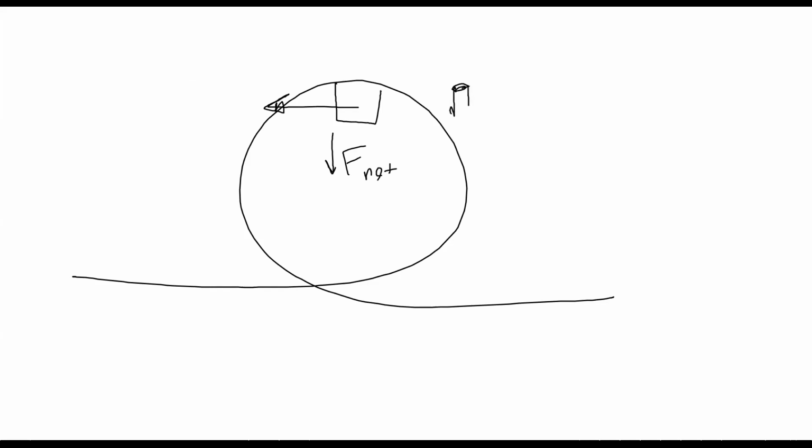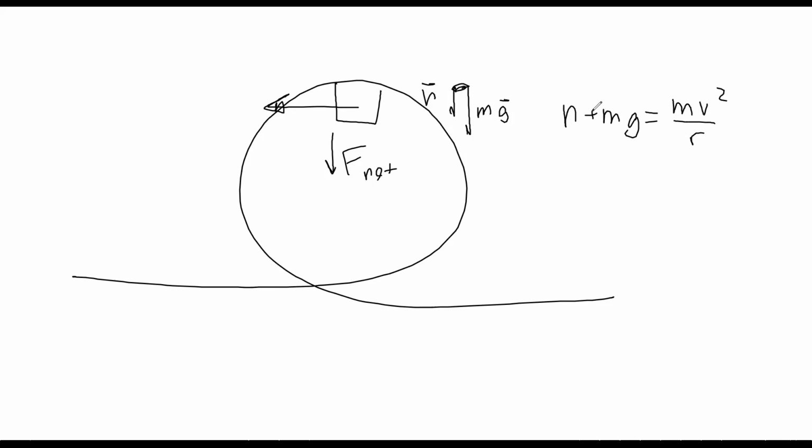We have normal force down and mg down, and those add to F net. So n plus mg equals F net, which again for circular motion is just mv squared over r. But notice here, gravity is obviously constant, but normal force is not. Normal force will change based on the speed.